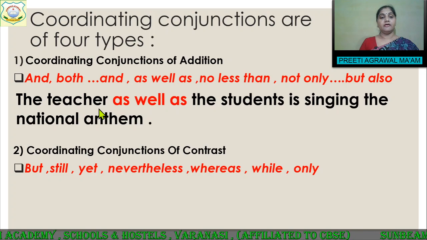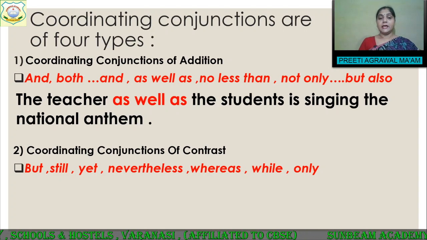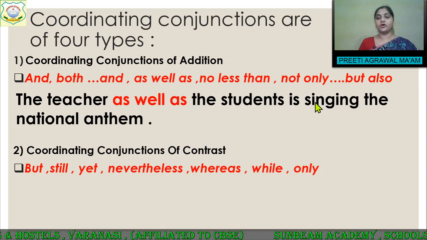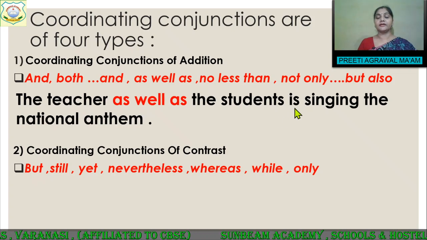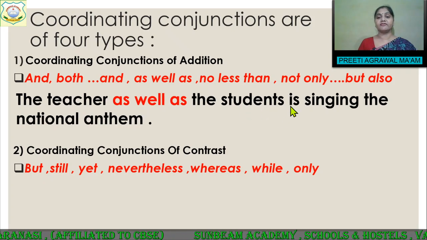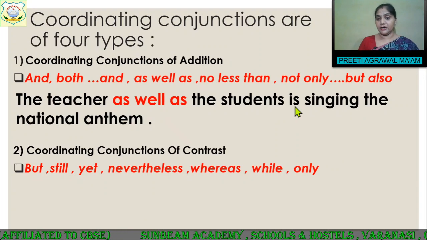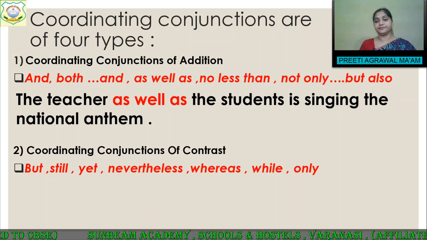Be careful when you are using these conjunctions, because many times the students are confused and write the wrong verb, that is are. The students are, they use the verb according to the second subject, which is incorrect. This you will get in detail in your subject verb agreement.